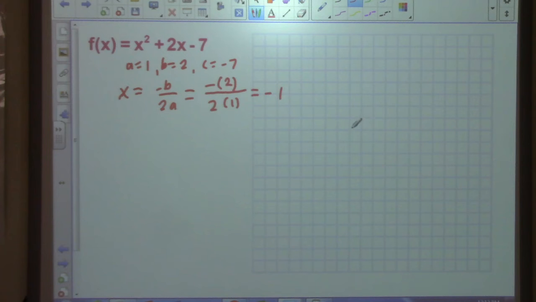So we already know where our axis of symmetry is, and we can actually sketch it. I'm going to do that right now. I'm sketching our axis of symmetry. I'll come down quite a ways here. Okay, our axis of symmetry is x equals -1, right?